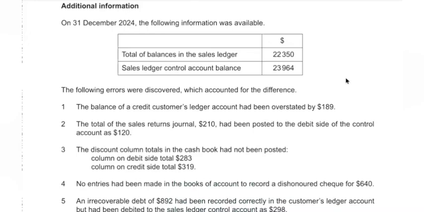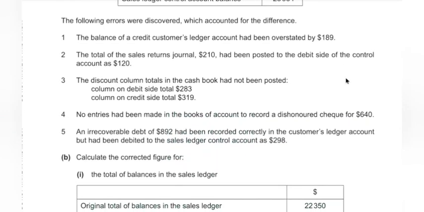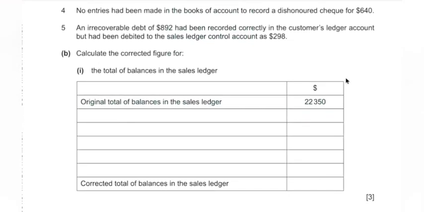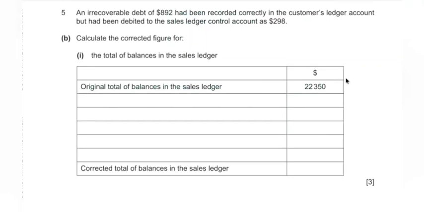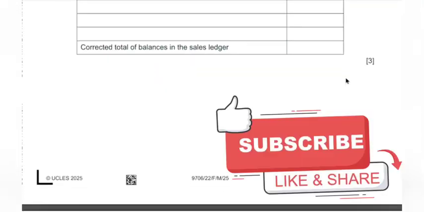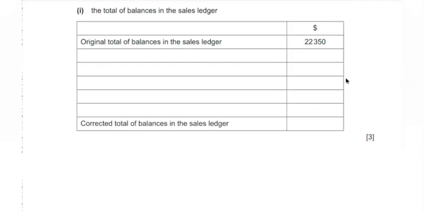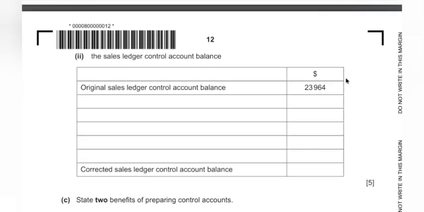The following errors were discovered which accounted for the difference. Right, so they have given us these errors and they're asking us to calculate the correct figure for the total balance in the sales ledger, and in the next part they're asking us to calculate the total of the balances in the sales ledger control account.